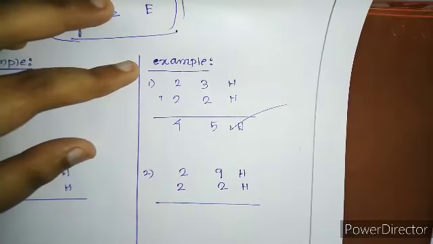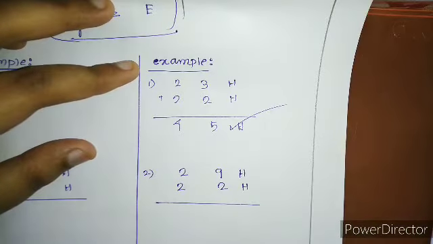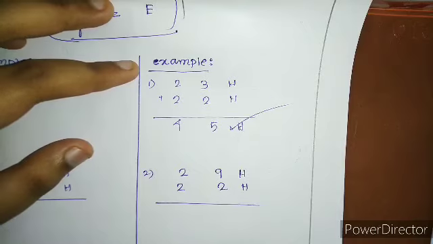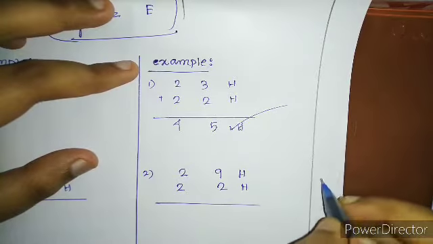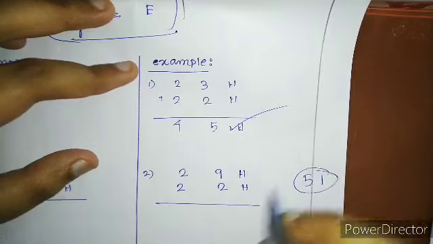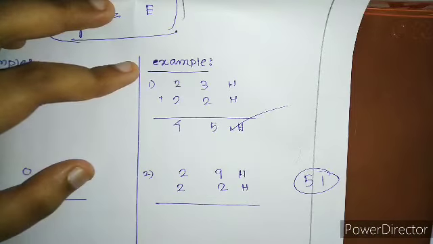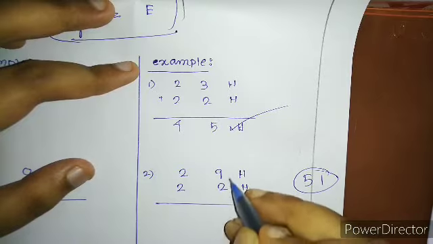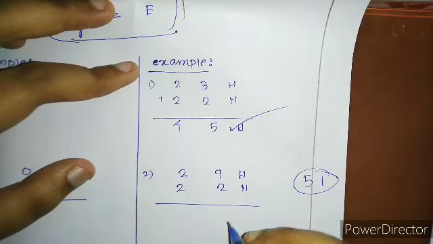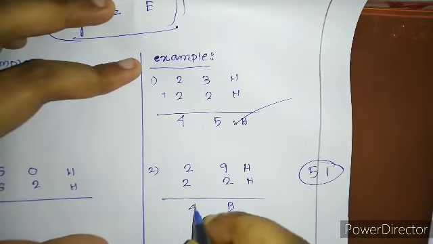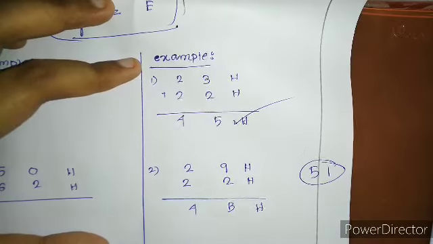Next example: 29 plus 22. Which result do you want? 9 plus 2 is 11, and 2 plus 2 is 4, so we want 51 for decimal numbers. But what will the processor produce? 9 plus 2 is 11, and 11 means B. 2 plus 2 is 4, so 4BH. Is this what we want? No. Why?